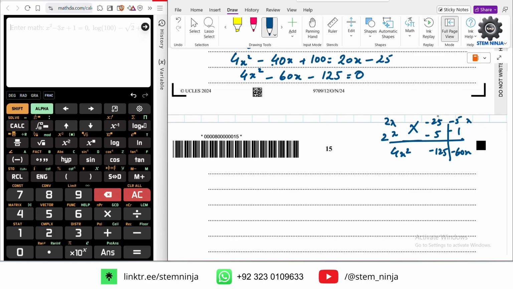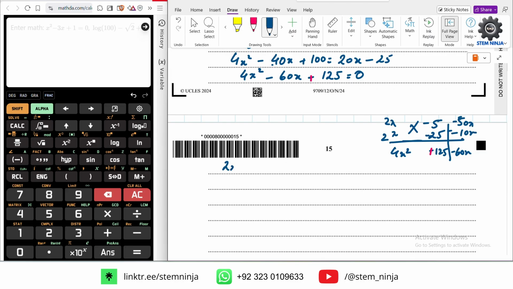Okay, that means this will not work. Sorry, I just realized this is plus 125. Now you have 5 times 25. So sorry, that was the mistake. So minus 50x minus 10x.